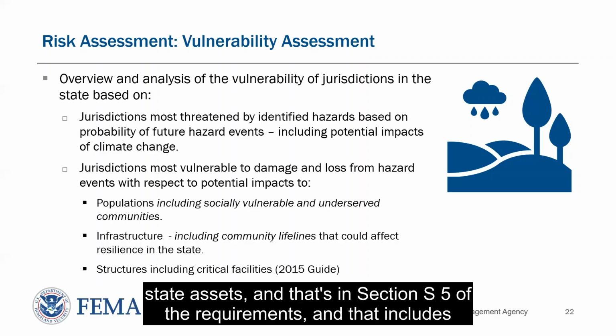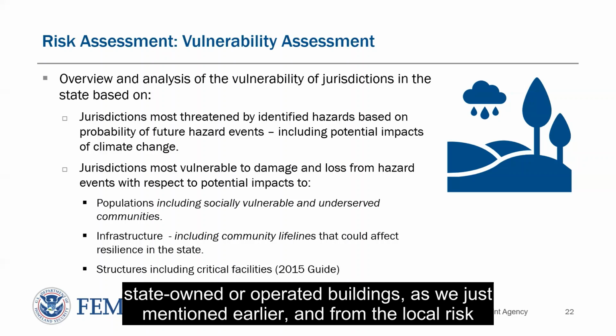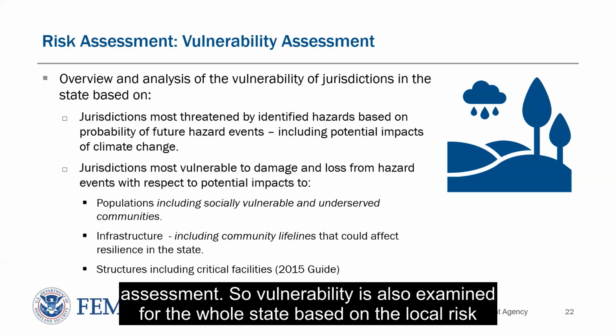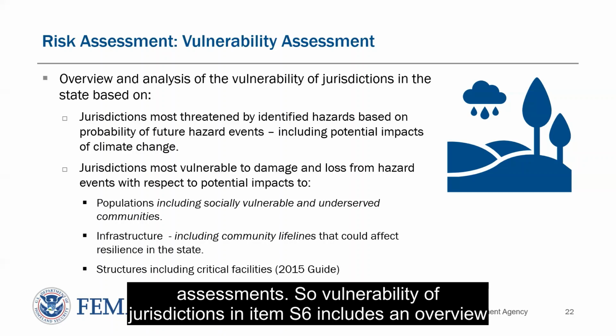The vulnerability of state assets, and that's in section S5 of the requirements, and that includes state-owned or operated buildings, as we just mentioned earlier, and from the local risk assessment. So vulnerability is also examined for the whole state based on the local risk assessments.